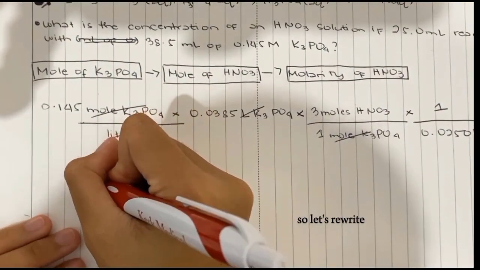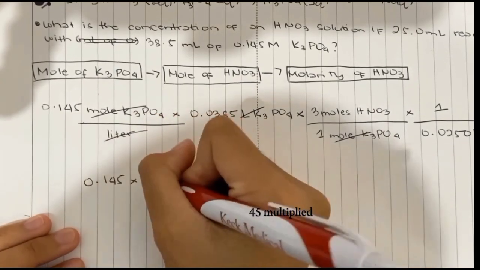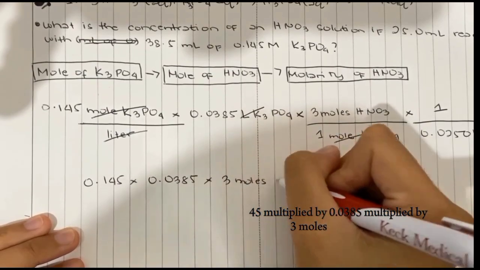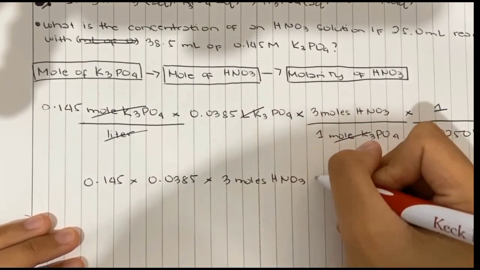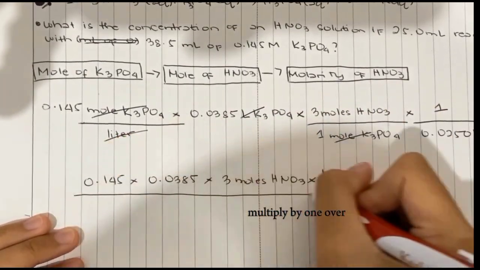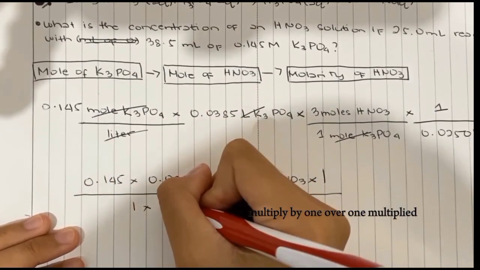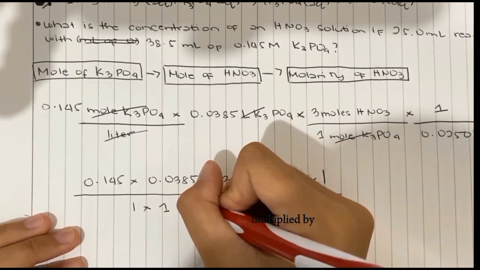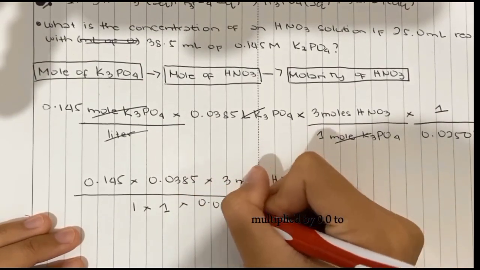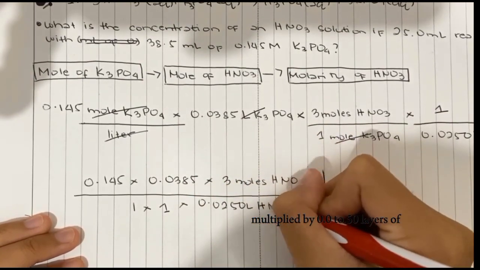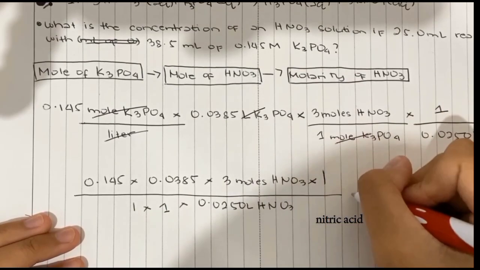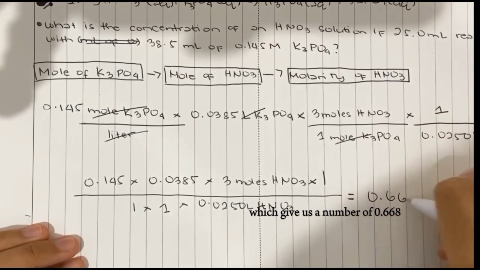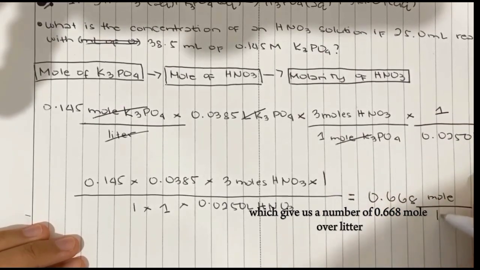So let's rewrite 0.145 multiplied by 0.0385 multiplied by 3 moles of nitric acid multiplied by 1 over 1 multiplied by 1 multiplied by 0.0250 liters of nitric acid, which gives us 0.668 mole over liter.